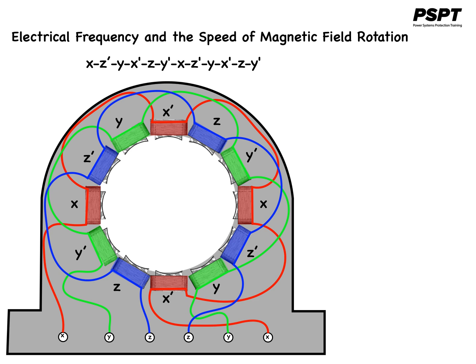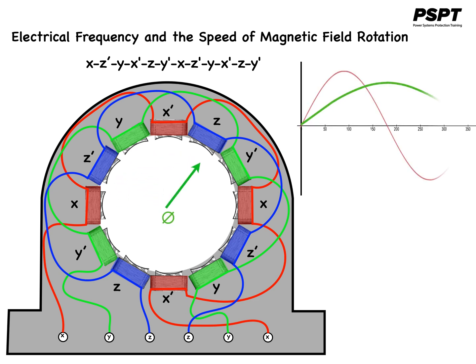When a 3-phase set of currents is applied to this stator, the oscillating fields produced by the coils create a rotating magnetic field. The rotating field moves only halfway around the stator surface this time in one electrical cycle.